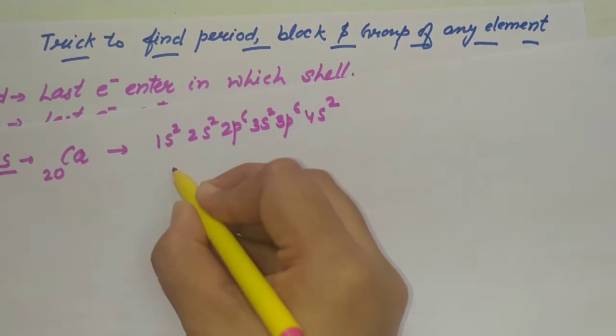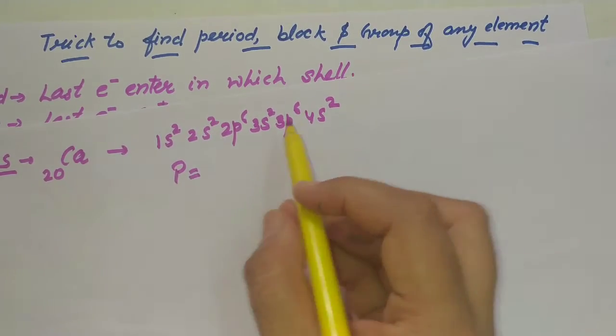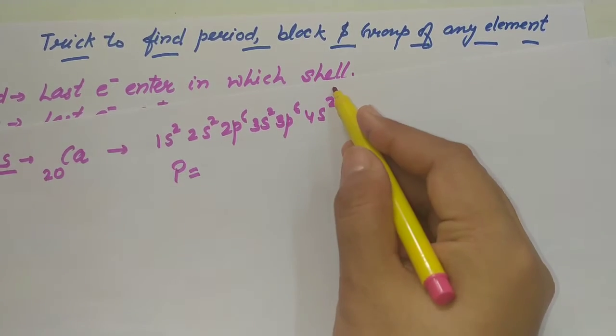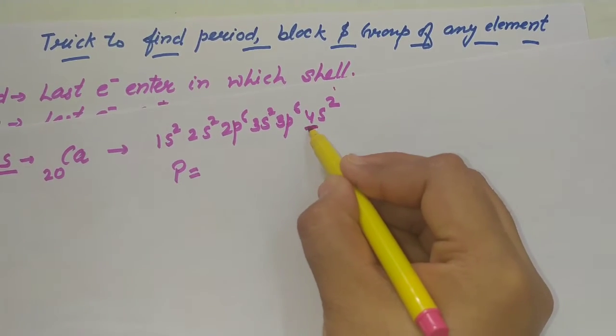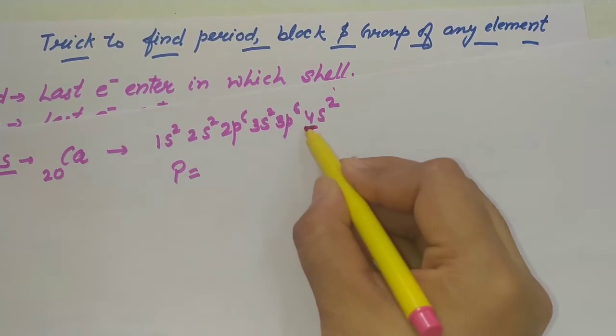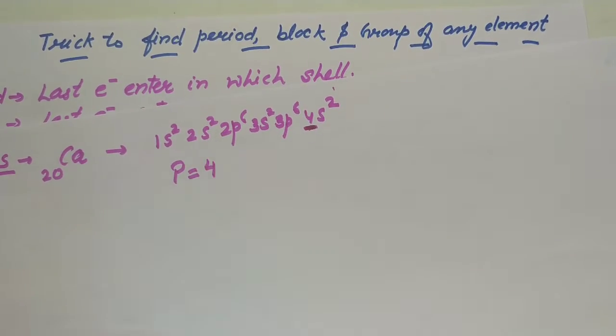Now, what is the period? Period is the shell in which the last electron enters, which is the 4th shell. So the period is 4th.